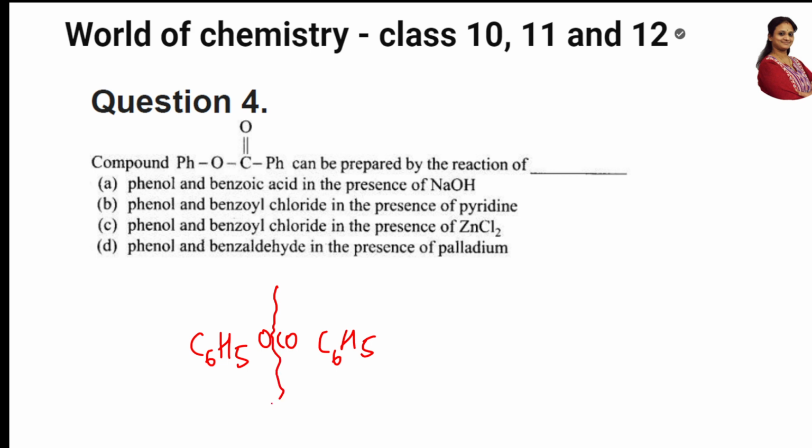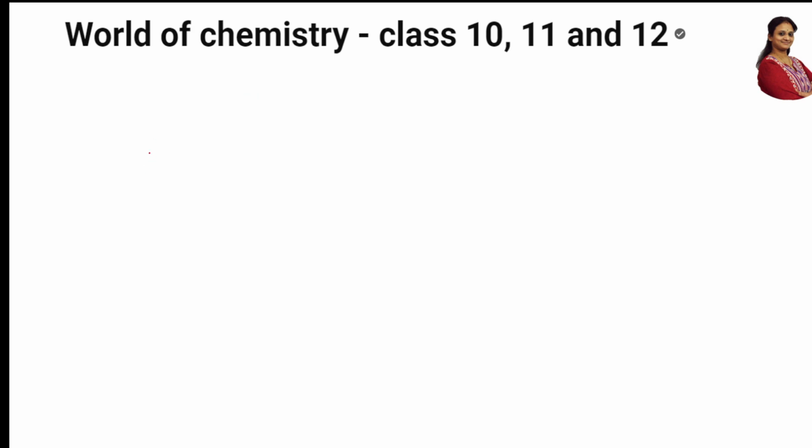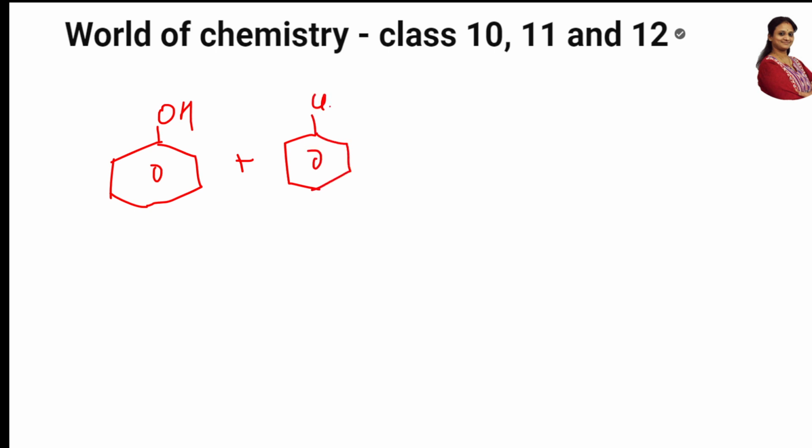When you cleave this bond, there are two groups: C6H5O, and one more group, C6H5CO. So remember, students, I can form this particular compound by adding pyridine. One compound is phenol, and one compound is benzoyl chloride, C6H5COCl.